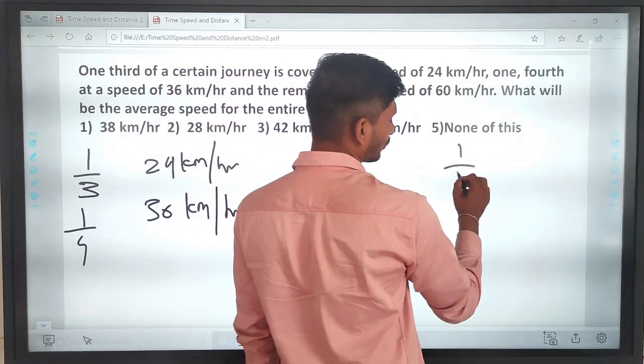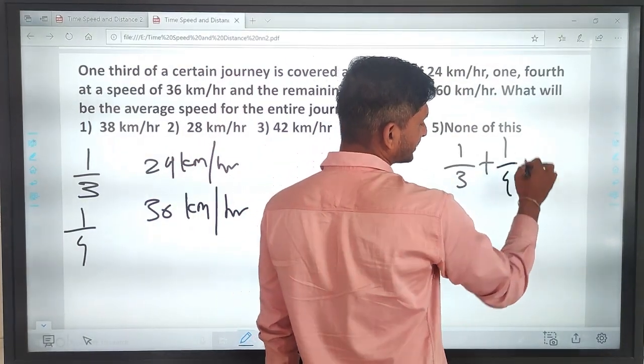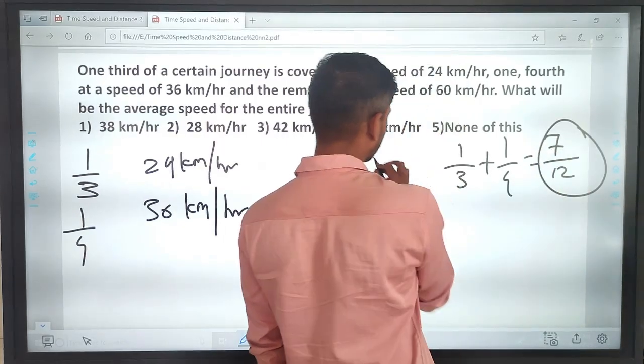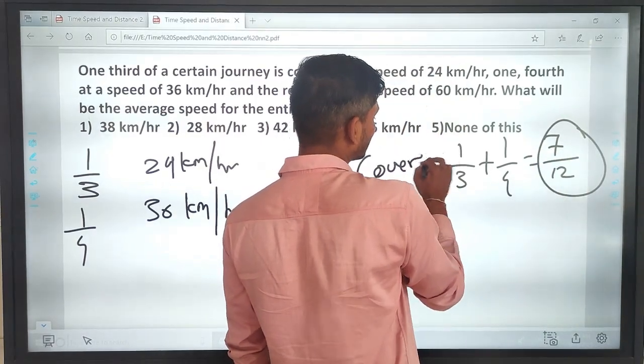One third of the journey is covered at a speed of 24 km per hour. Then one fourth is at a speed of 36 km per hour. The remaining means one third plus one fourth, that is 7 by 12 of the distance is covered.